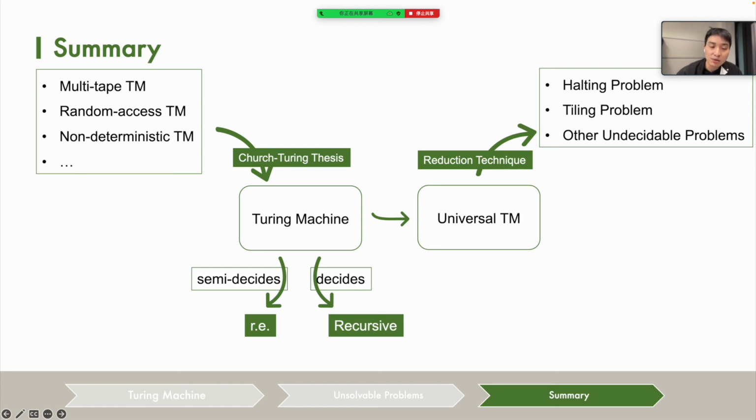Finally, we introduced the undecidable problems, including the universal Turing machine, reduction technique, and then we proved the halting problem, tiling problem, and some other undecidable problems. That's all. Thank you.